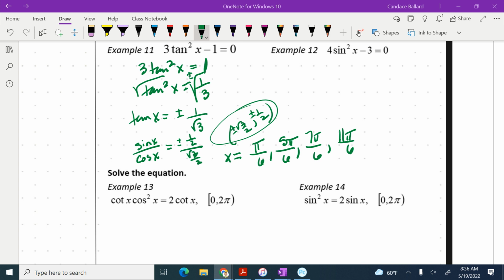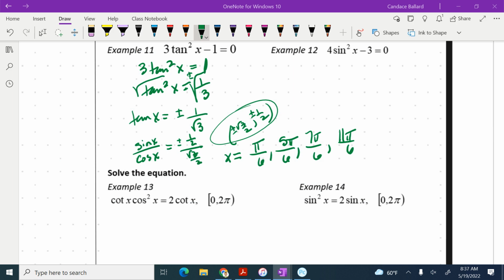All right, I want you to check it with your table now. Okay, let's check it.